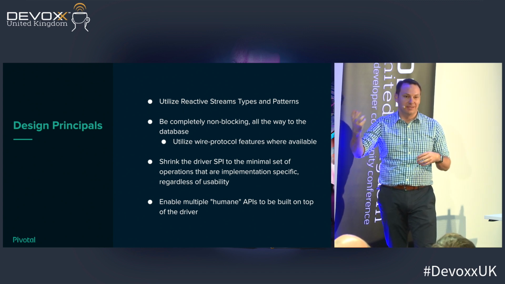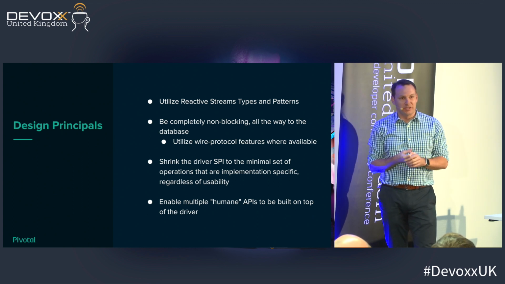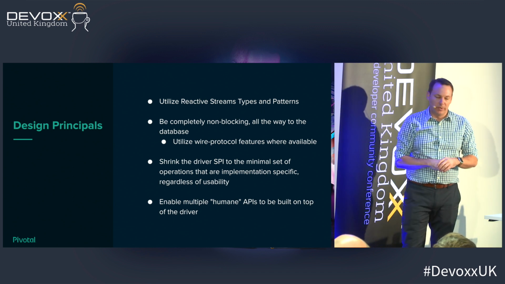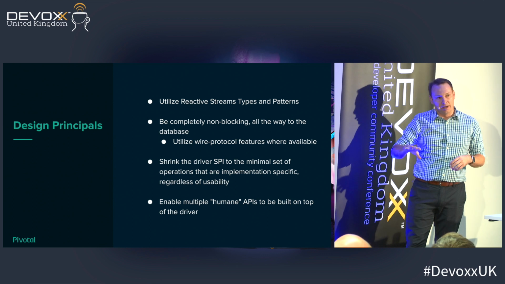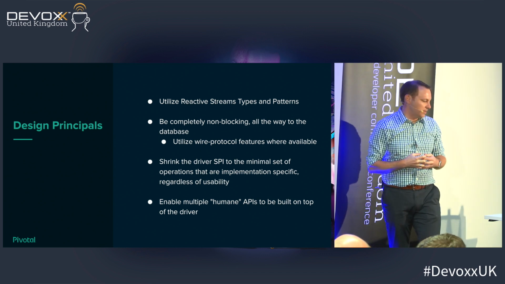Or I'll tell you I want 10 things and you can return me 3 now and 7 later on if you want to. These are built into the wire protocol miraculously already. So where we can, not only do we want non-blocking all the way to the edge of the JVM, we want it across the wire to the databases themselves.